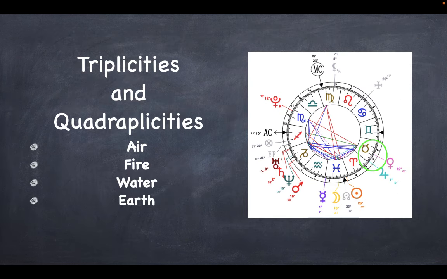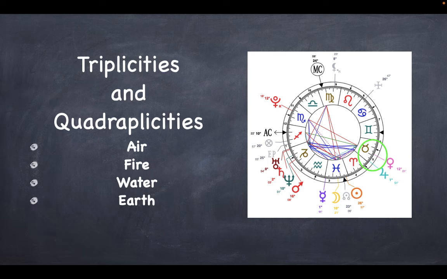Here we are with the triplicities and quadruplicities I spoke of. We have air, fire, water, and earth. And my mouse shut off. So we have Mercury.